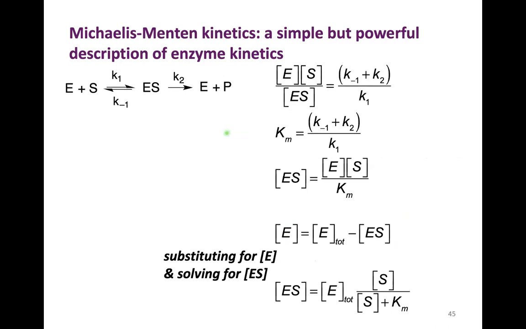So again, our reaction, we've defined Km. Now let's substitute it in and do a little bit of rearranging so we can define the concentration of our Michaelis complex as a function of enzyme concentration, substrate concentration, and Km, the Michaelis constant.